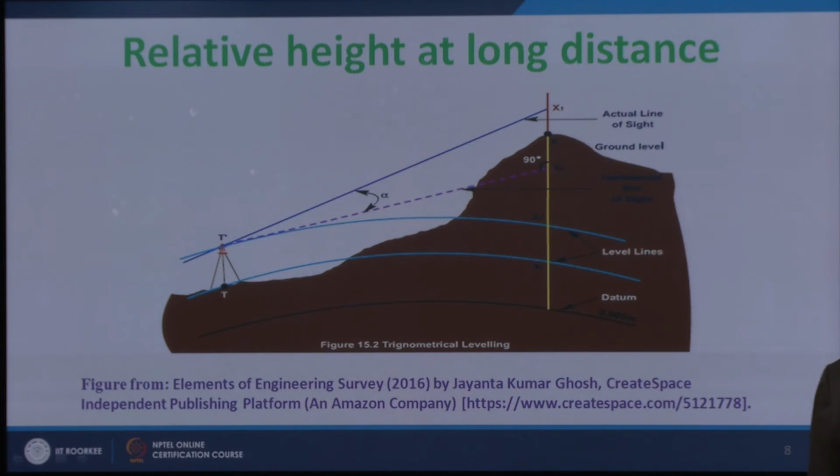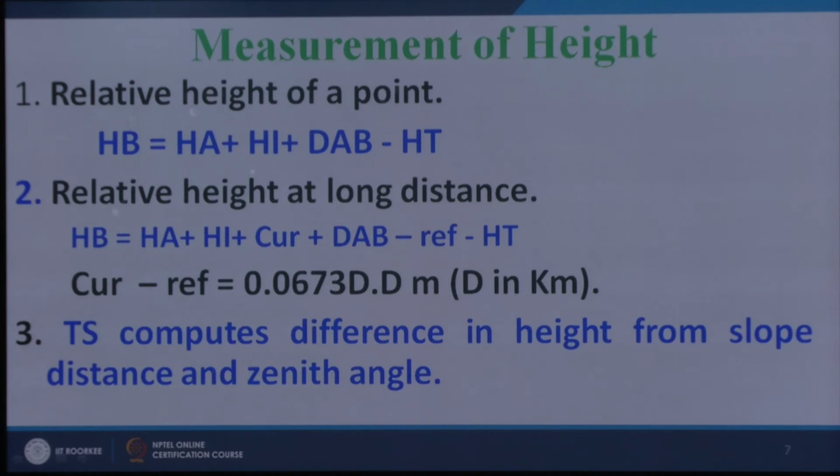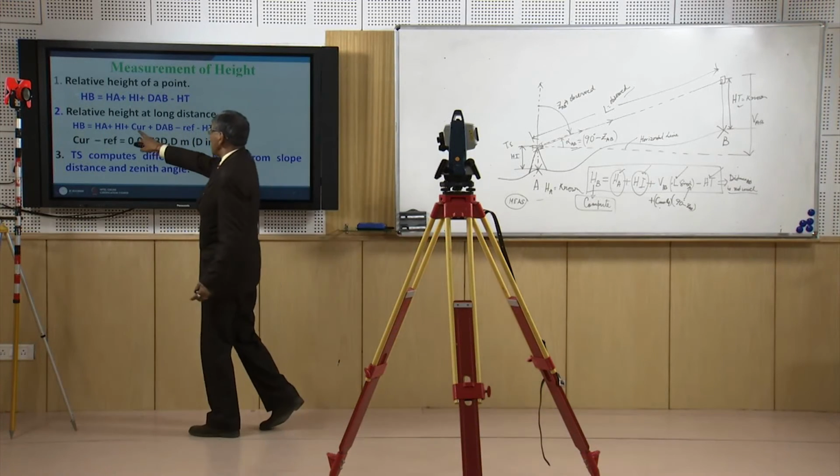So, one parameter comes into the picture: plus error due to curvature minus refraction. This is another thing which comes into the picture, error due to curvature.